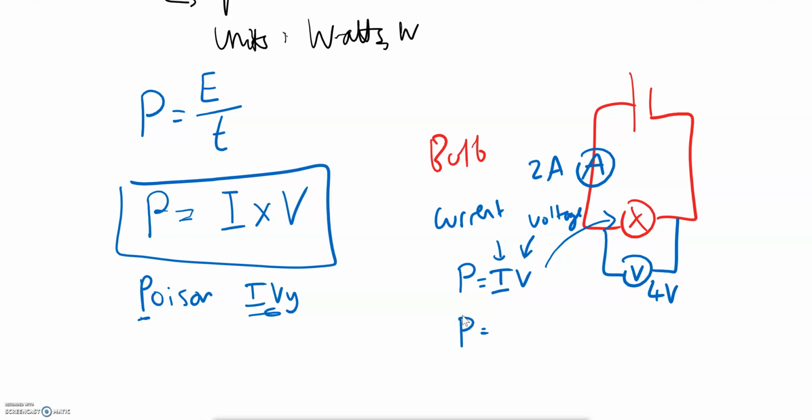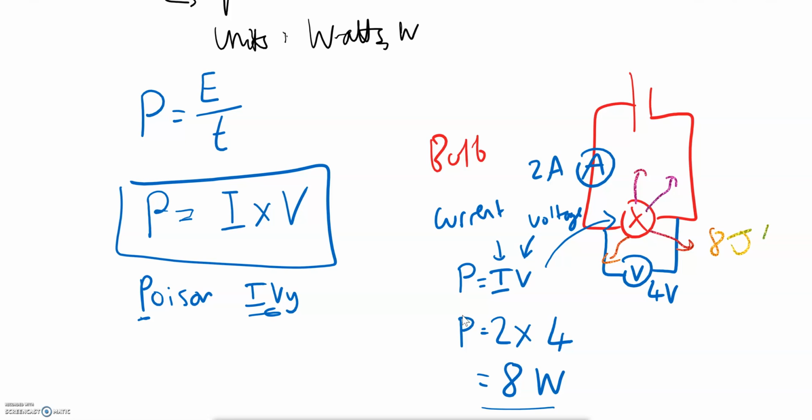P equals the current, which is up here, 2 amps, times by the voltage, which is there, 4. So we get an answer of 8 watts. So that tells me that that bulb is giving off 8 watts, let's use my funky pen, of light and heat. Sorry, 8 watts, 8 joules per second of light and heat. That's the power of that bulb. A kettle, on the other hand, would be much higher power because it gives off a lot more energy.